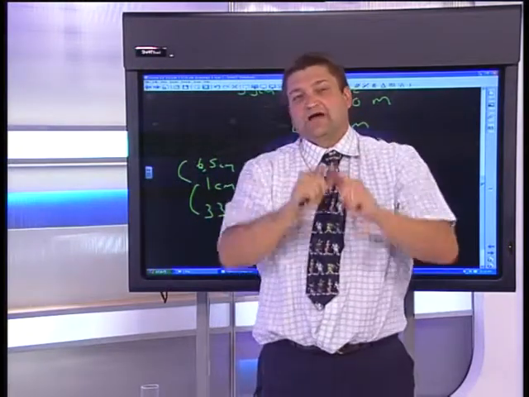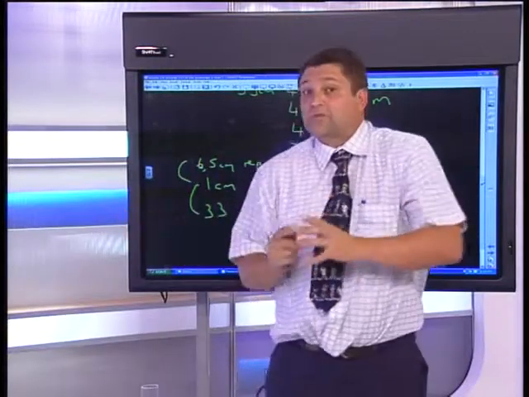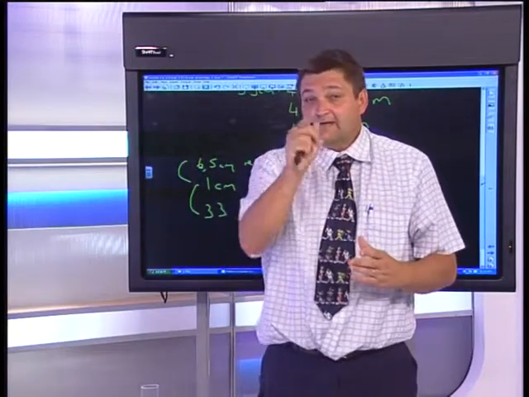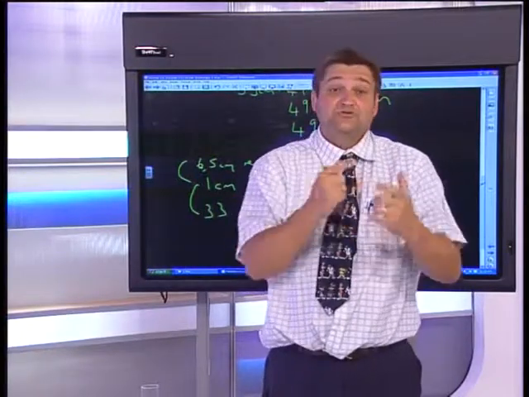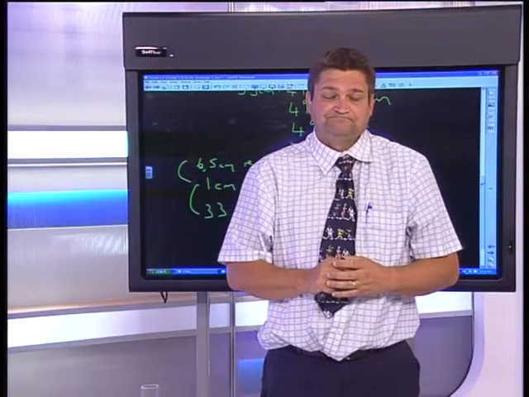But that's how we do it. Do you understand? So we've used the same map, but we've used different scales to figure out the answer. Okay? And in your exam, if they give you both scales, you are allowed to use both to try and find out the final answer.